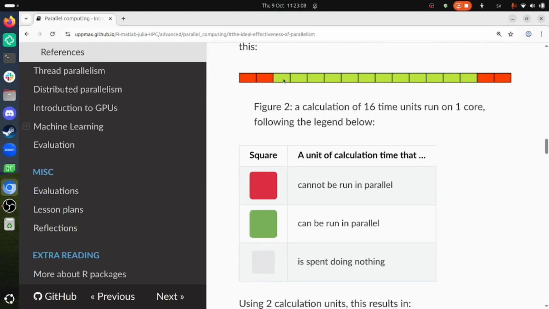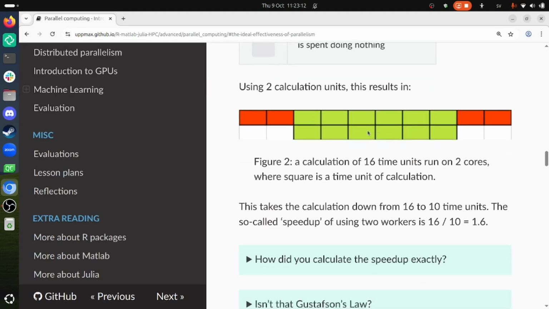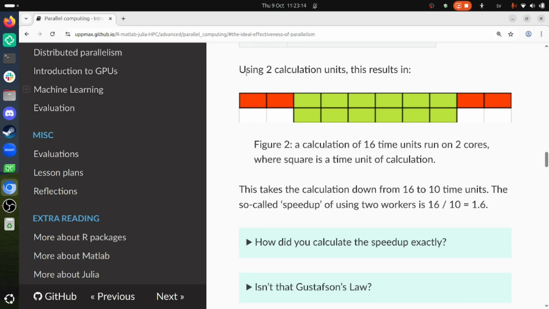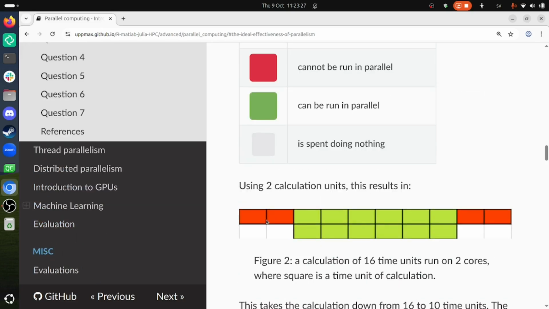Now we're going to take a look at what happens if we make this calculation parallel. This looks like this. We have 2 calculation units. In my case these are cores. And here we see again 16 squares, the same 16 squares that need to do work. But the green squares that can be run in parallel are spread out to do the same calculation.